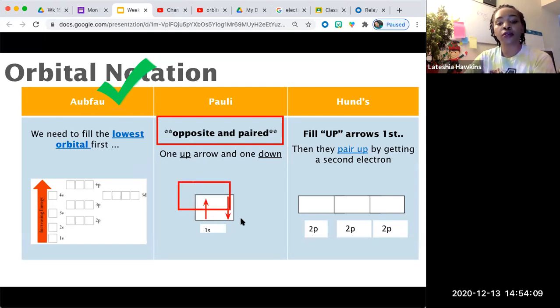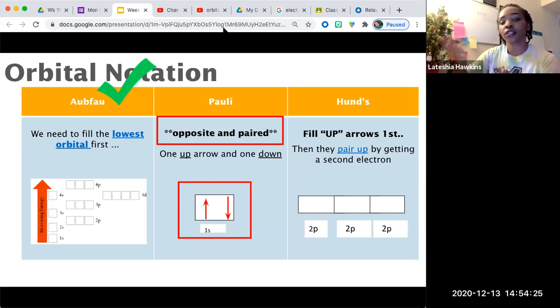Each orbital holds a pair, so 2 electrons, but they must have opposite spins. If the first electron has an upward spin, then the second must spin down. So the quick saying for Pauli is opposite and paired. Opposite spins, and each orbital holds 2 electrons.